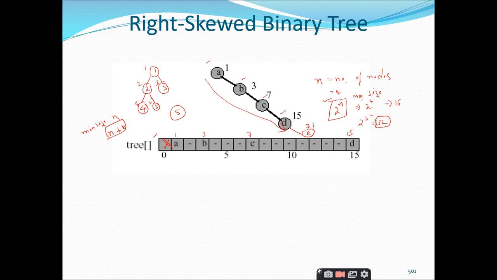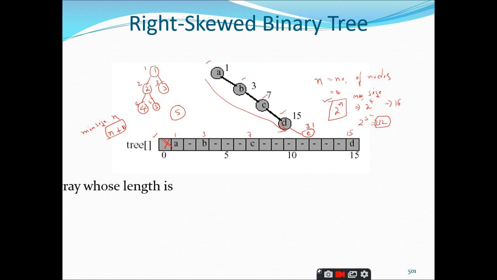Clear, sir. So now tell me, what is the disadvantage of this array representation? Lots of memory is wasted, sir. It's not the loss of memory, we should call it unnecessary wastage of memory, if you are going to represent incomplete binary trees using arrays.